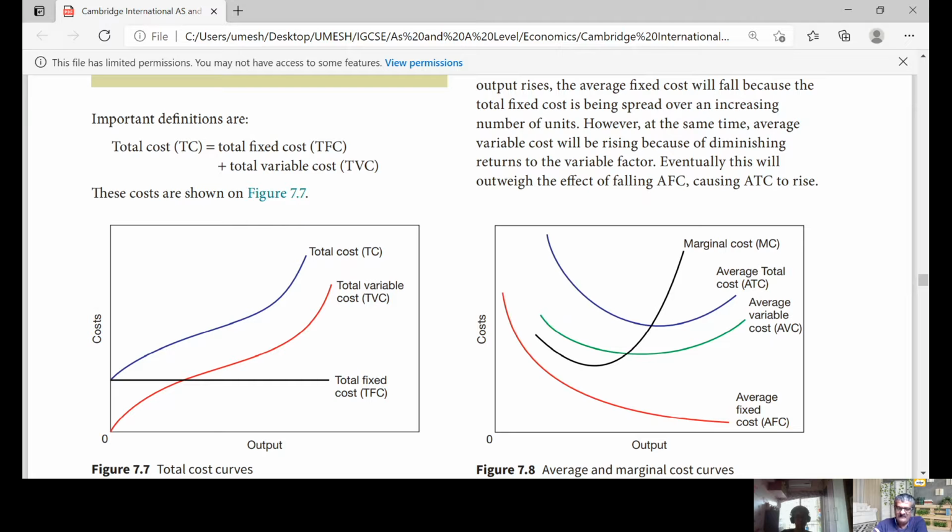Why? Why is the distance between total cost and total variable cost constant at each and every output level? Because the difference between total cost and total variable cost is equal to what?